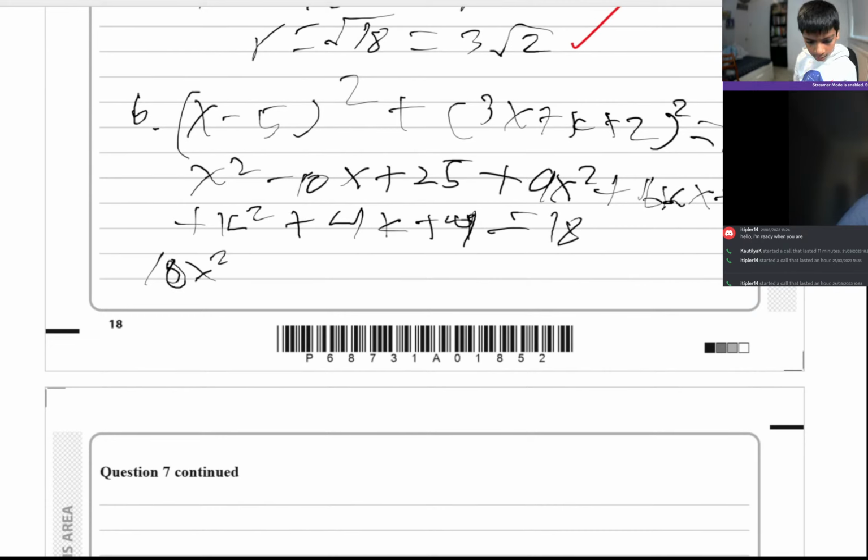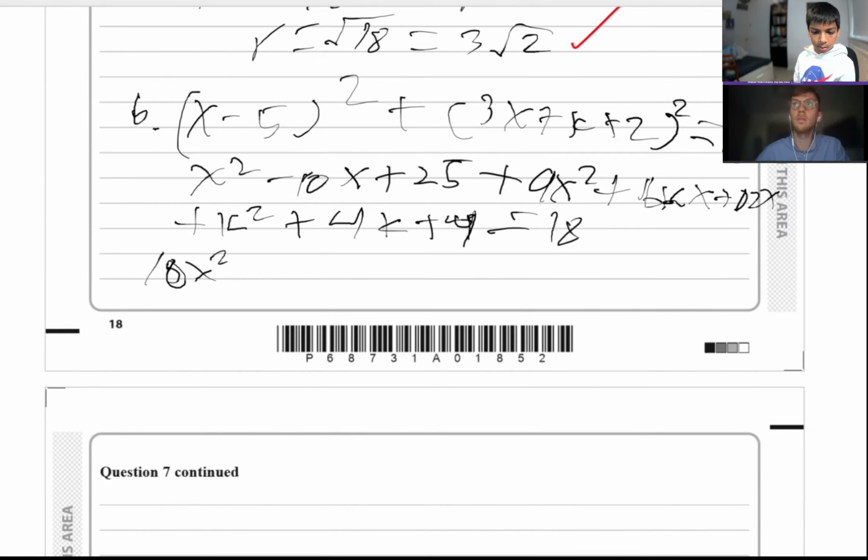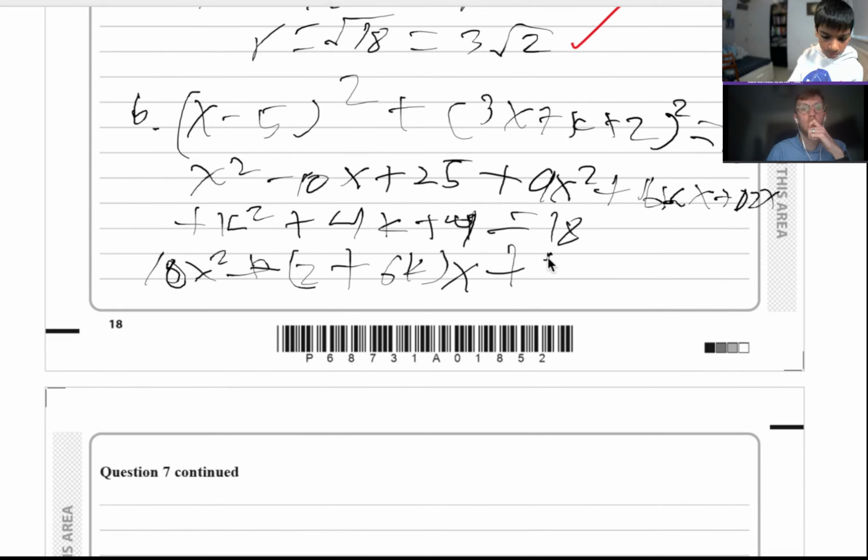And then minus 10x plus 6kx plus 12x, then that is 2 plus 6k times x, and then finally k squared plus 4k plus 4 plus 25 is 29. What does that equal?